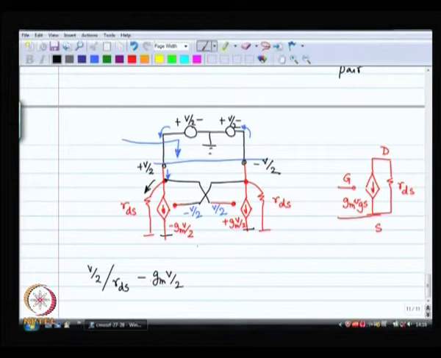So, that is your I, let us call it I plus. And let us call this I minus, I am going to change the direction over here. It is interesting to see that I minus is going to be the exact opposite of I plus, which is something that is nice.